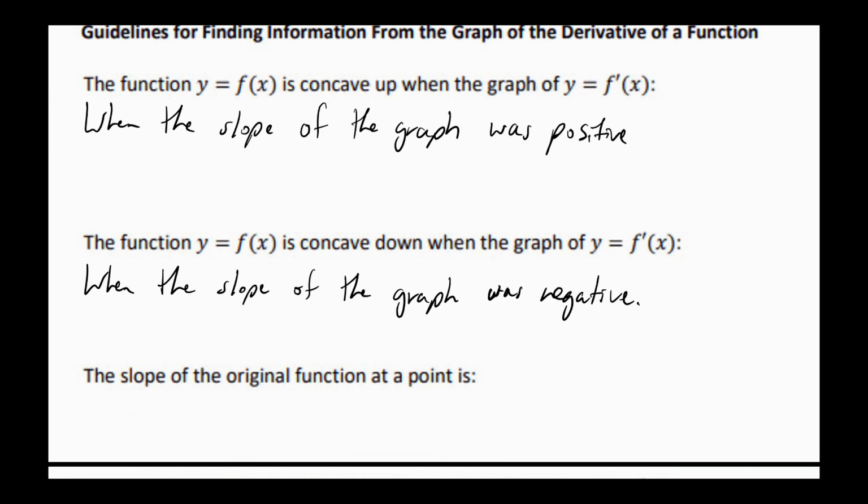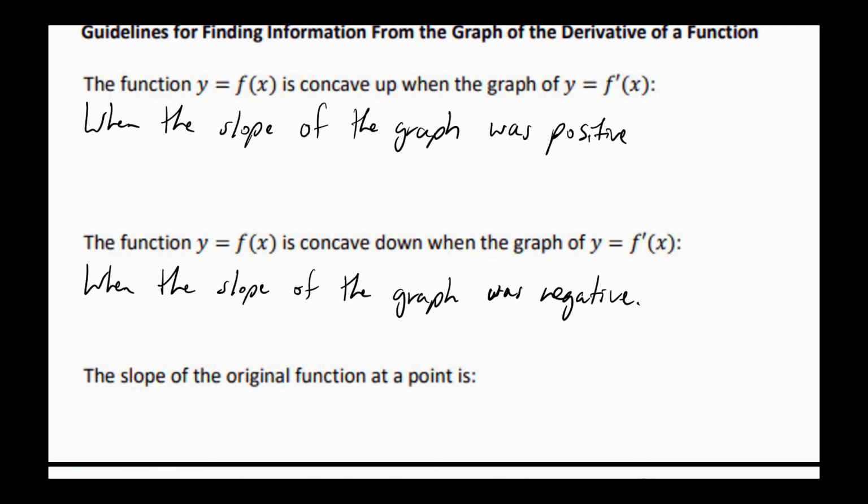Very last thing before I let you guys work on the last problem on your own. How do I find the slope of the original equation at a specific point? How did I find the slope at -2? Remember, I found the slope at -2 was -2. What did I use to do that? The y values, exactly.